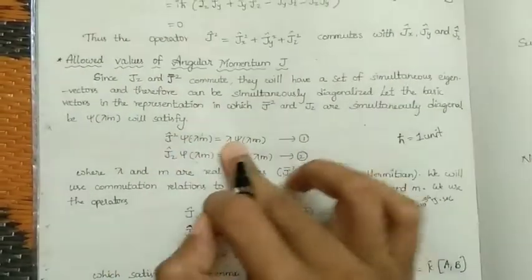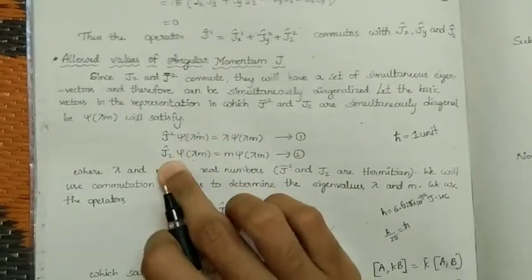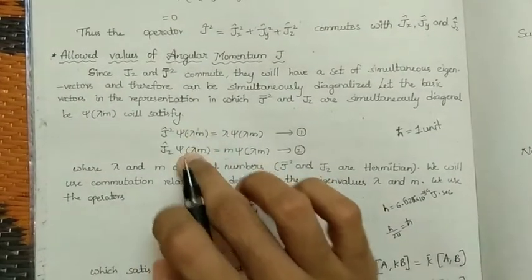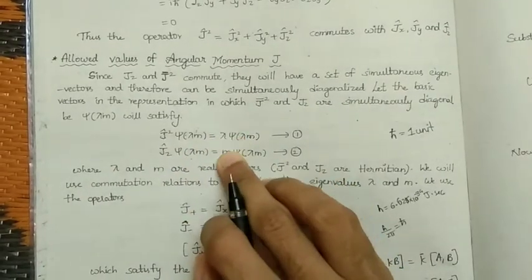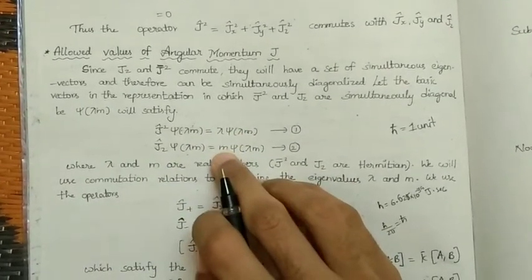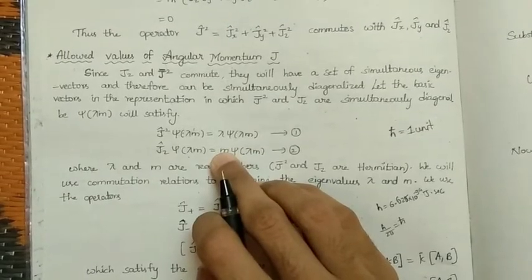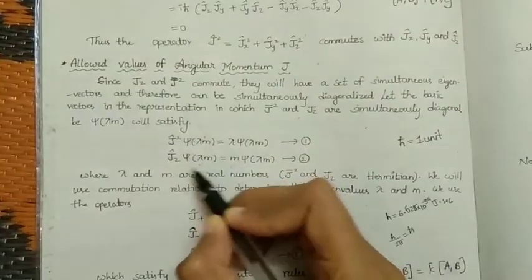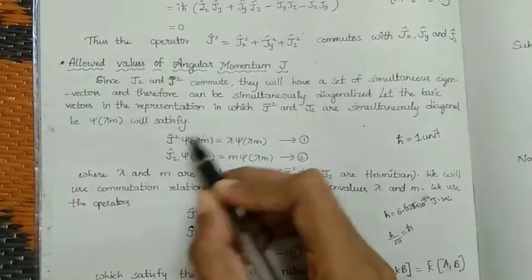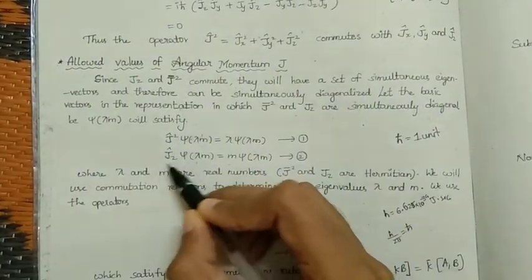So J square's eigenvalue is lambda. In the same manner, when Jz operates on the same wave function psi of lambda m, it gives the same wave function multiplied by its eigenvalue, that is small m.